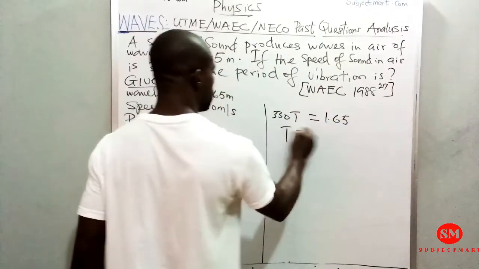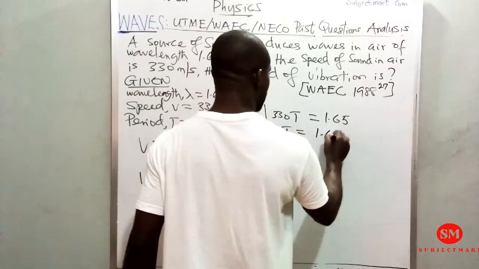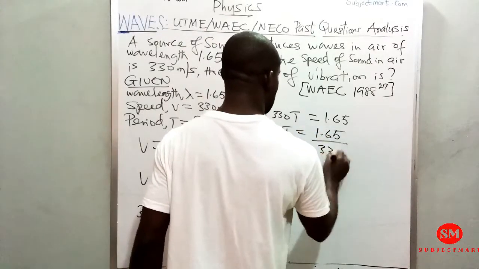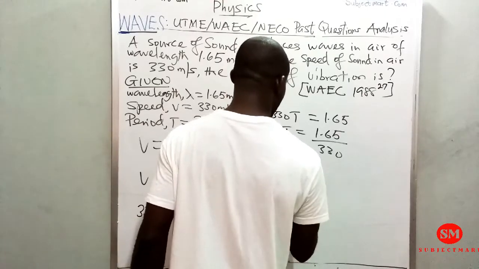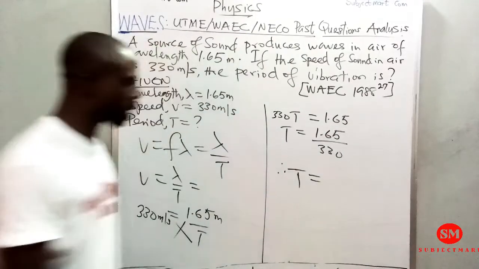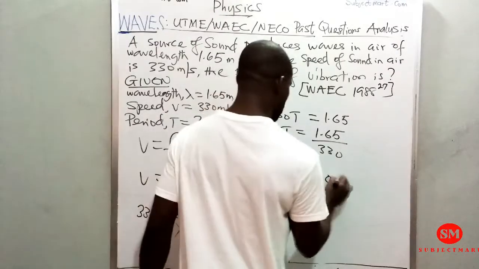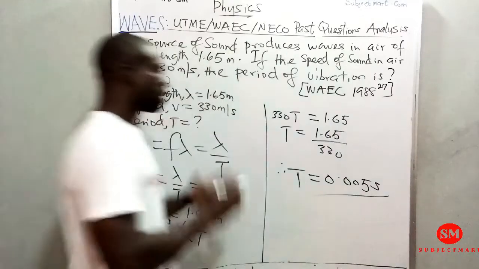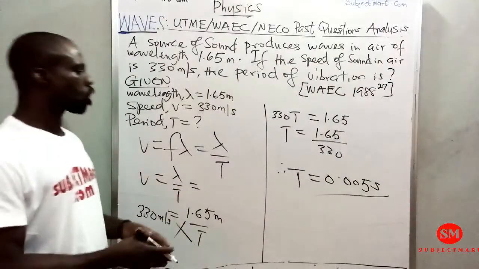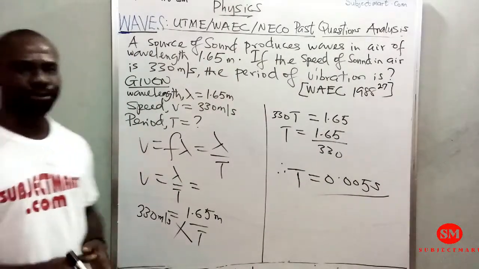So the period will be 1.65 divided by 330, and if I divide the two correctly, we are getting 0.005 seconds. So the period for this function is 0.005 seconds.